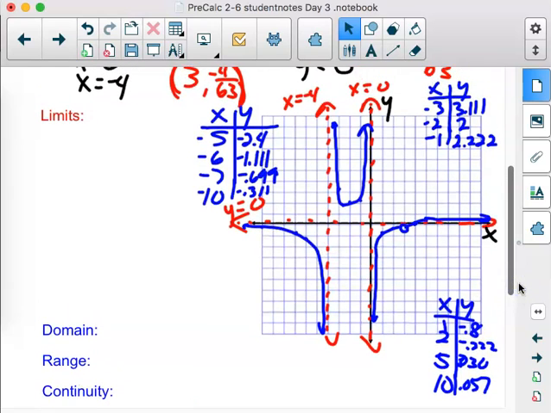All right, limits. We have to talk about what's going to happen as we approach -4 and as we approach 0.